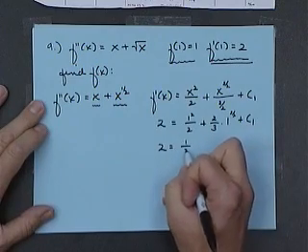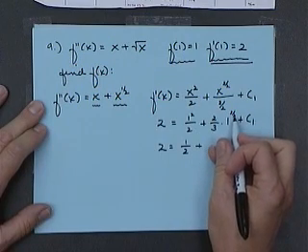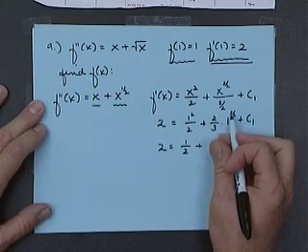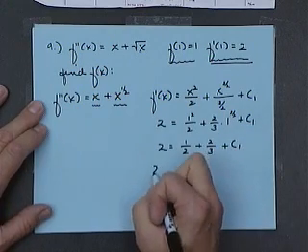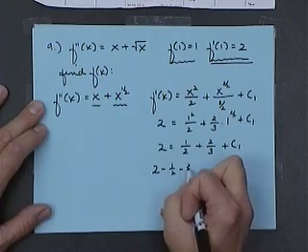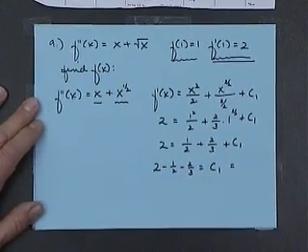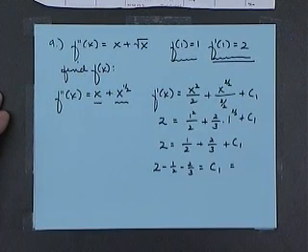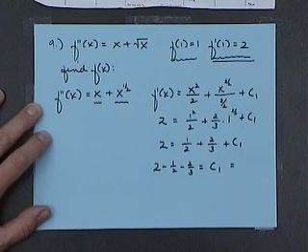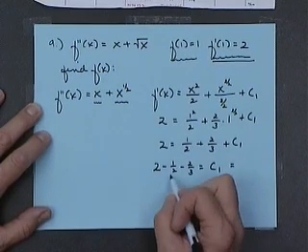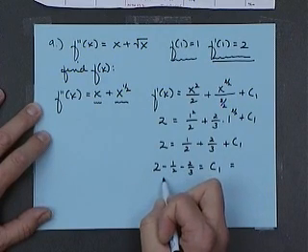2 equals 1/2 plus 1 to the 3/2, which would be the square root of 1, which is 1, cubed, which is still 1. So it looks like 2 minus 1/2 minus 2/3 is C1, which is what? 2 minus 1/2 is 3/2.